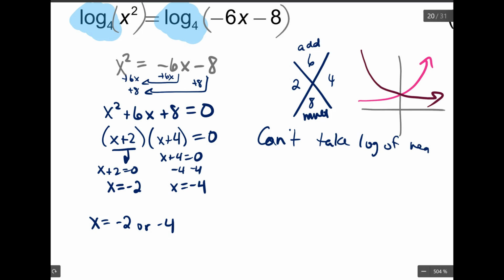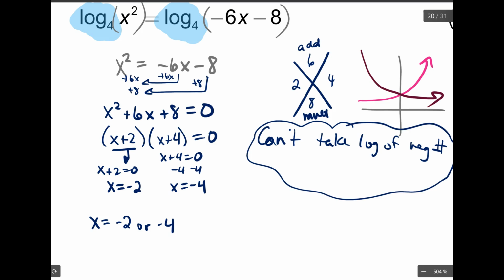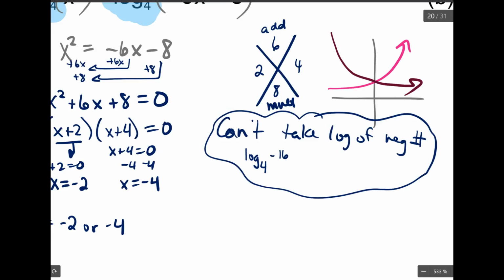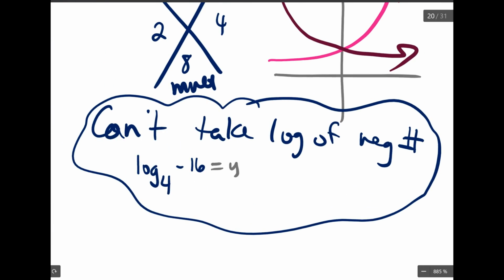So my example, just to show you that this is true, what if I have log base 4 of negative 16? Normally when we would solve it, we would say that equals y, so I have 4 to the y equals negative 16. So 4 to what power is negative 16?